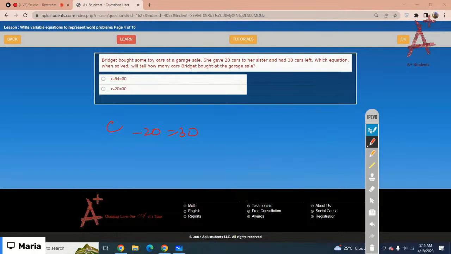So it would be C minus 20 equals 30. Option number 2 is the correct one.